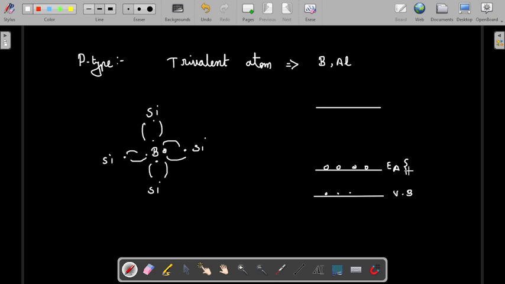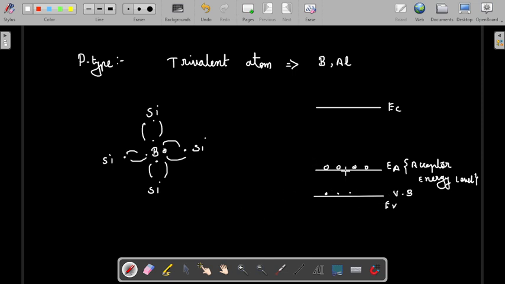So this is called the acceptor energy level. So this is EC, the conduction band, this is EV. So this is the nomenclature we will follow.